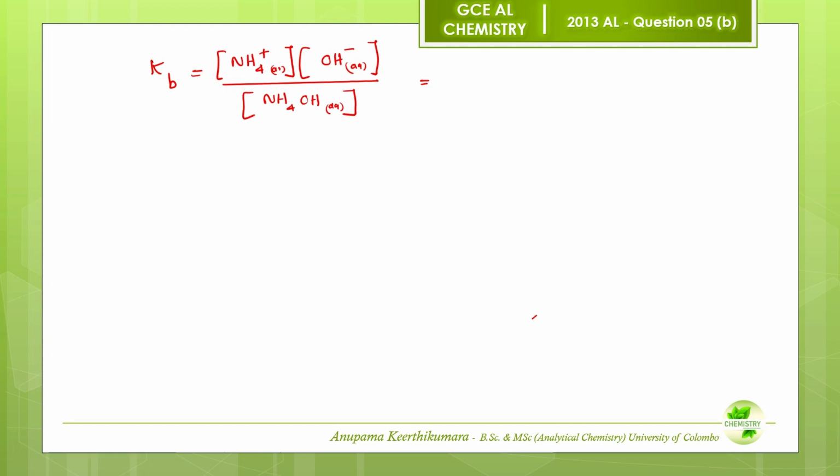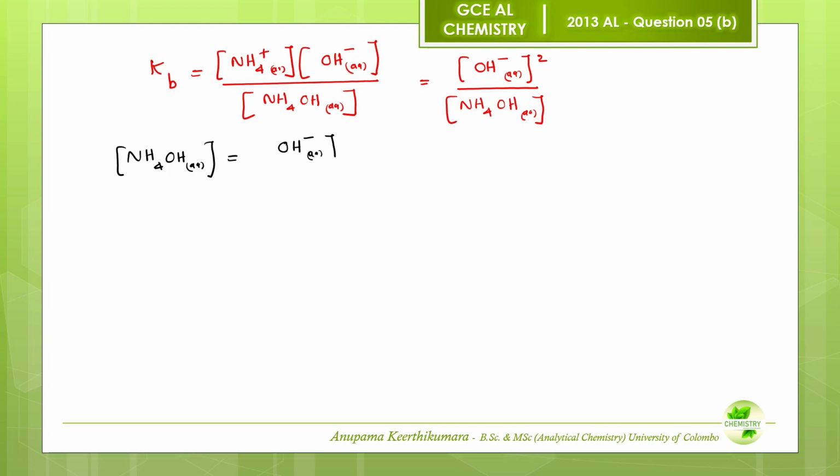Therefore, we can write OH minus ion concentration to the power 2 divided by ammonium hydroxide concentration. Ammonium hydroxide concentration is OH minus ion concentration to the power 2 divided by Kb. Substitute values for this equation.